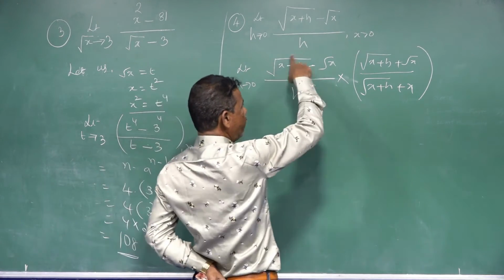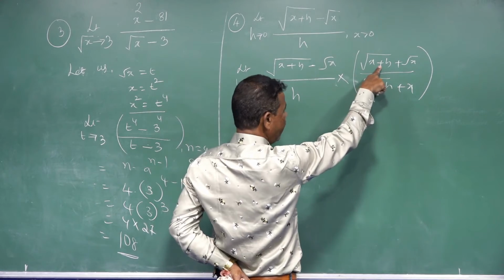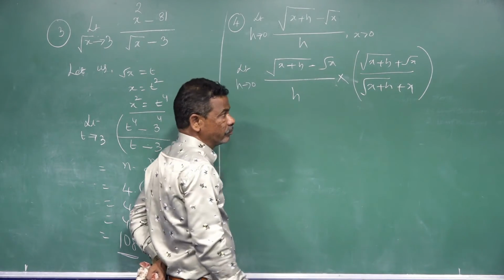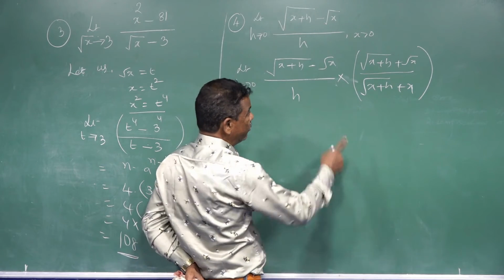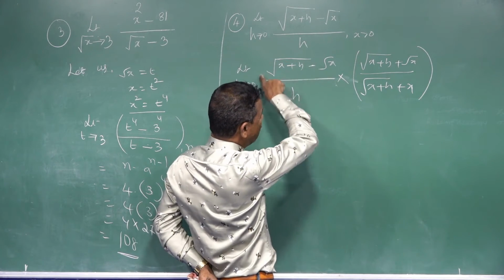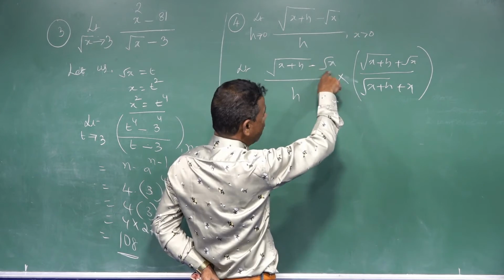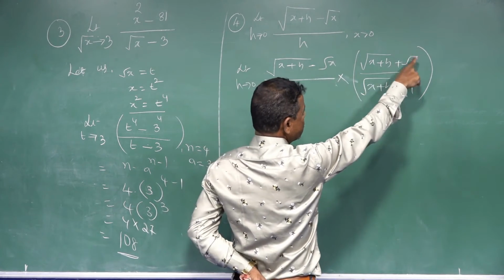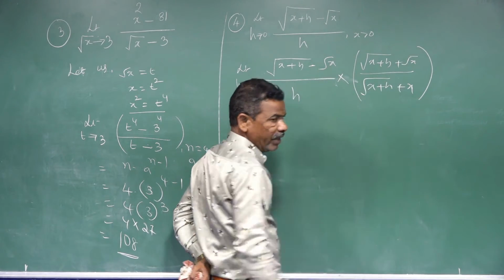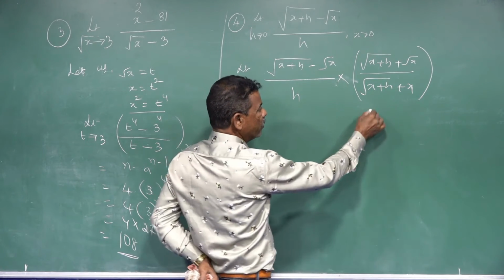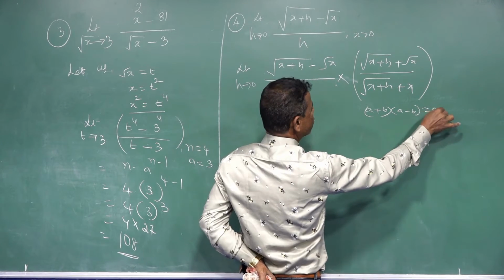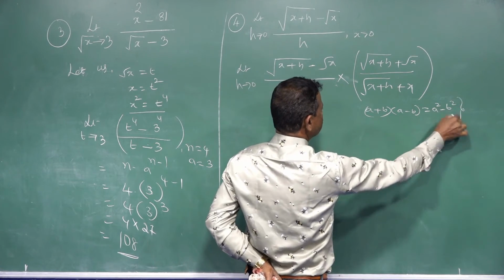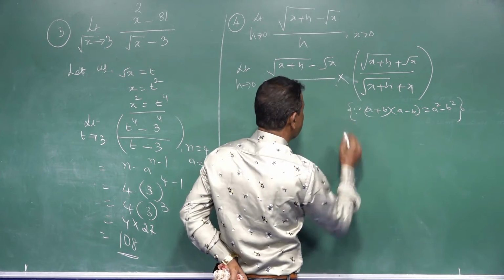So this is a minus b into a plus b. Here a minus b, this total root value is a, this value is b. That formula a plus b into a minus b is equal to a square minus b square, using this formula.